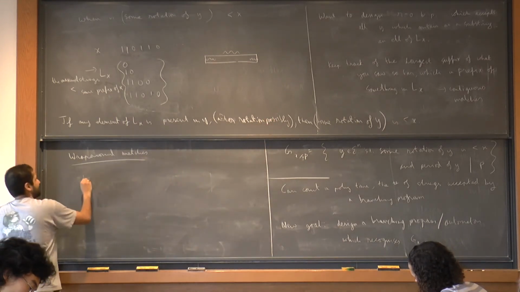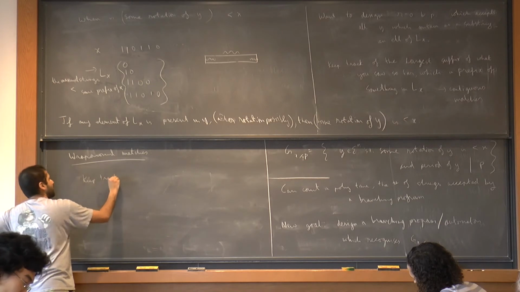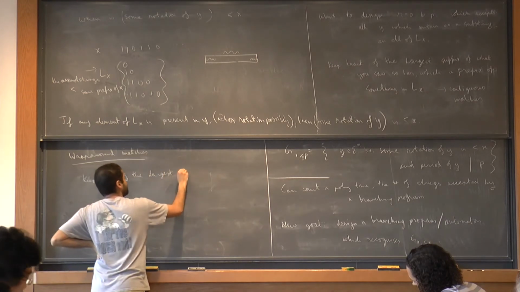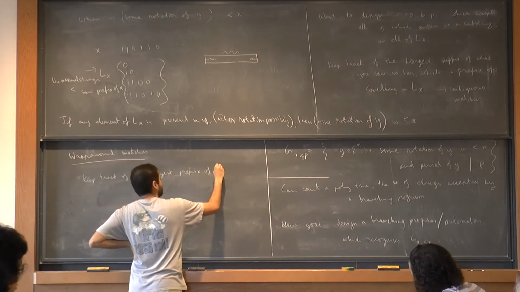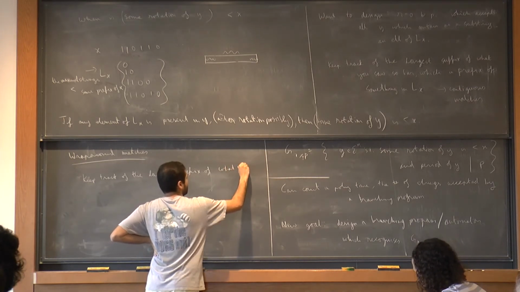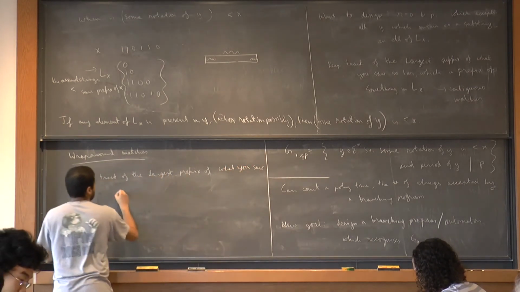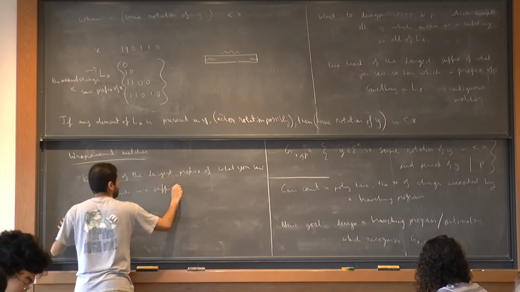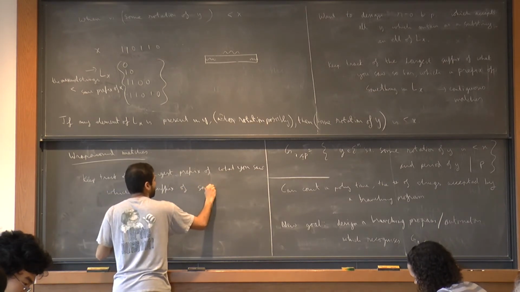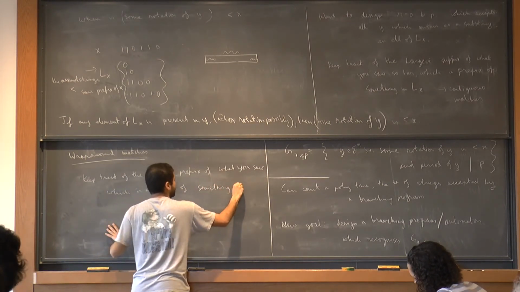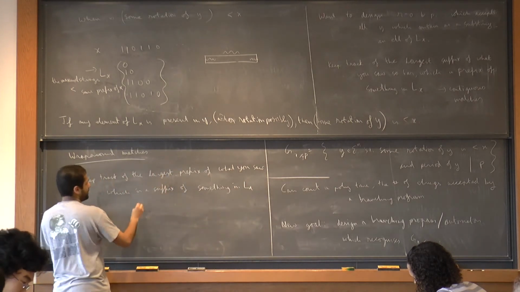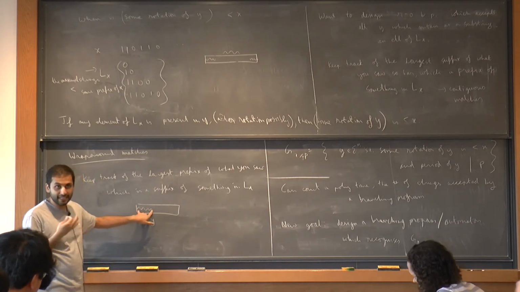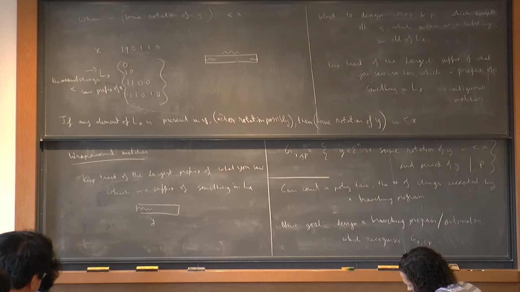So keep track of the largest prefix of what you saw which is a suffix of something in Lx. This is the y which we're reading. It will keep track of the longest thing over here which matches some suffix of something in Lx.